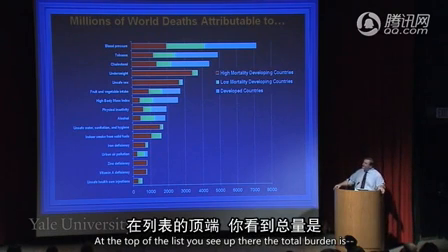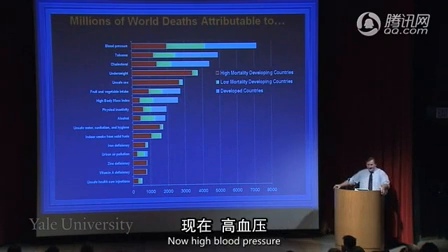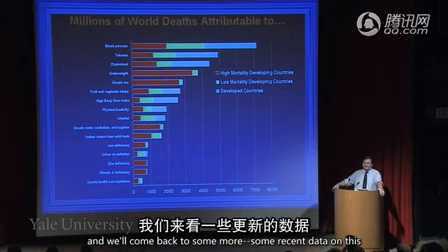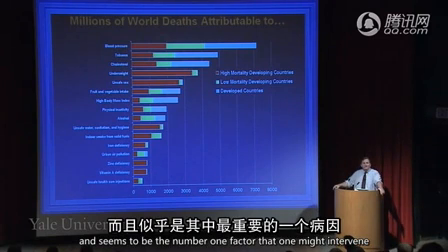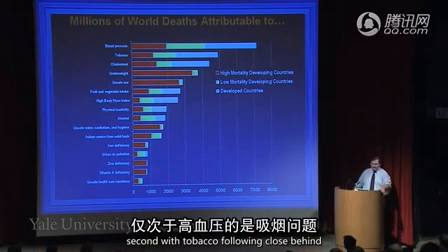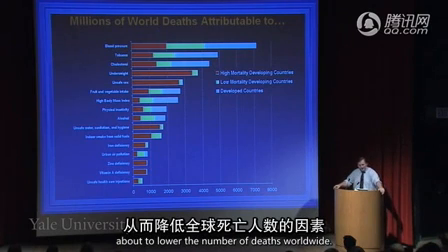And at the top of the list, the total burden, that's yellow in the middle, is blood pressure. Now, high blood pressure, and we'll come back to some recent data on this, is contributing to lots of different diseases and seems to be the number one factor that one might intervene on, with tobacco following close behind, that you could do something about to lower the number of deaths worldwide.